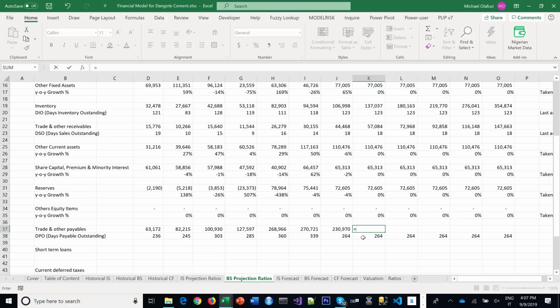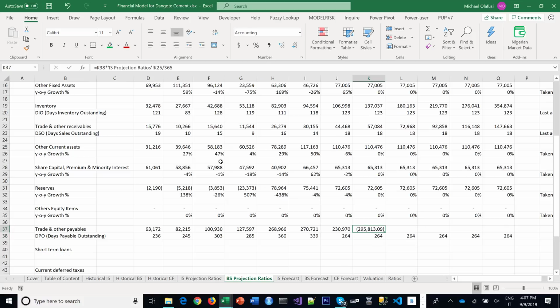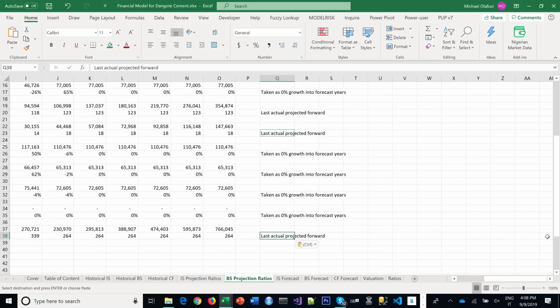And then if I change the subject of the formula, it becomes the days times the cost of goods sold divided by 365. If I do it this way, the minus will be there. So if I want to take out the minus, I put a minus in front. And then I drag this forward. Okay, I can go again, say last actual projected forward.